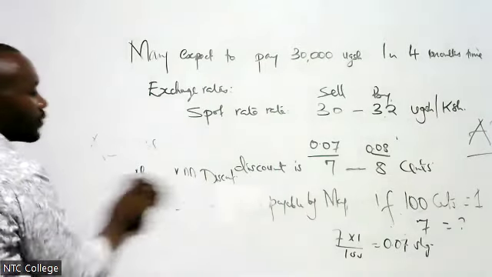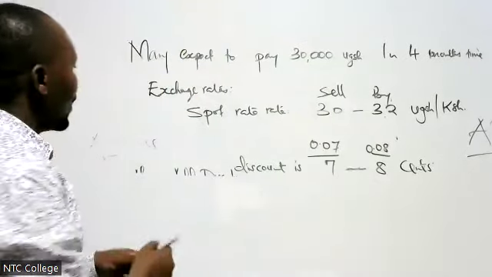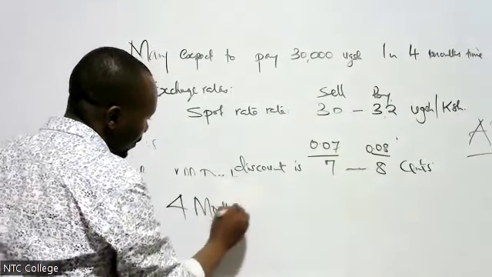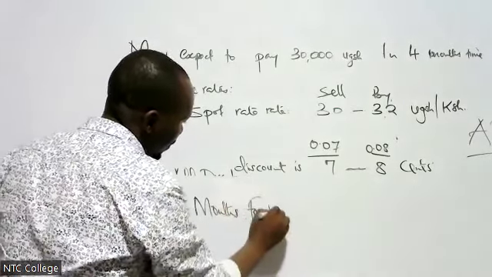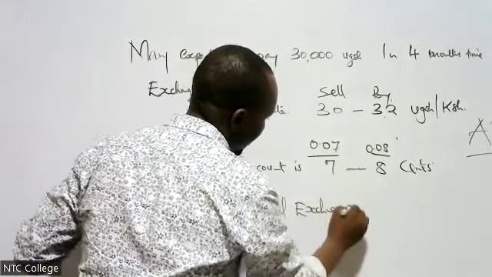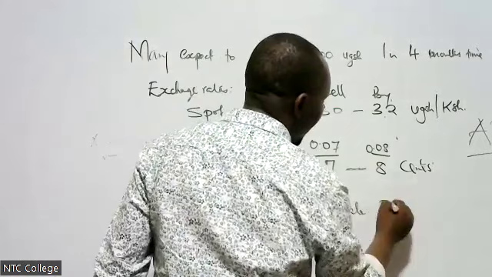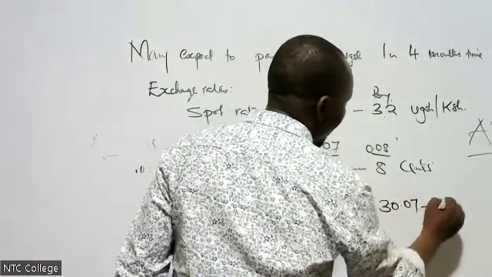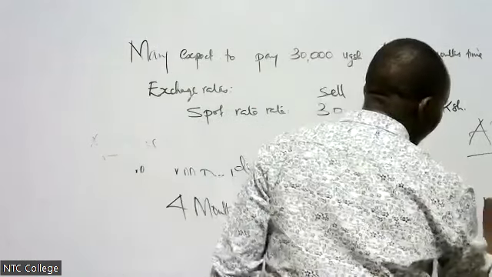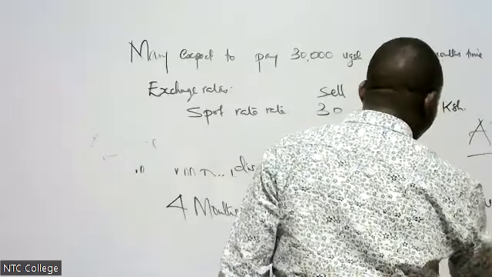So our 4 months exchange rate will look like this. 4 months forward rate is equal to, is given us now 30.07 to 32.08 Ugandan shillings against Kenyan shillings.